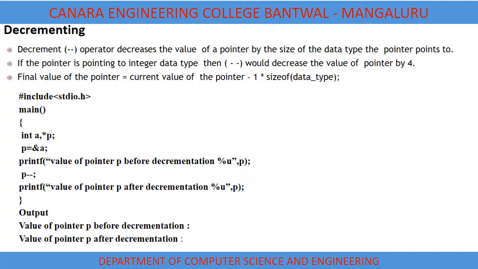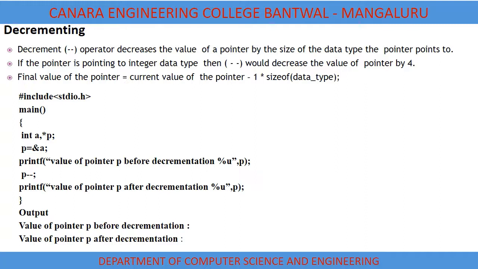We are printing the value of pointer p before decrementation. Then we are decrementing using p minus minus, and then I'm trying to print the value of the pointer after decrementation. You can see the output there.